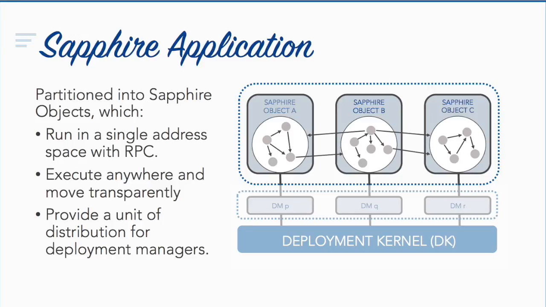The logic must be built as a single object-oriented program, and then the application will be broken down into declaration sets of objects as these Sapphire objects, which the deployment managers can be assigned to for better management.